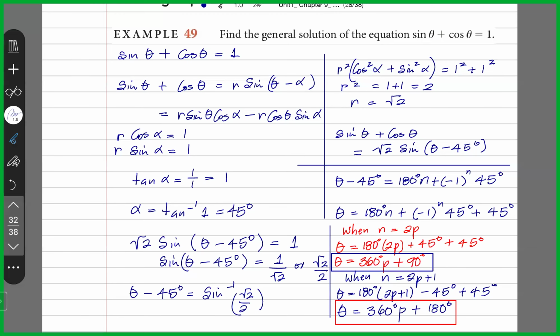All right. So next we're going to look at example 50.